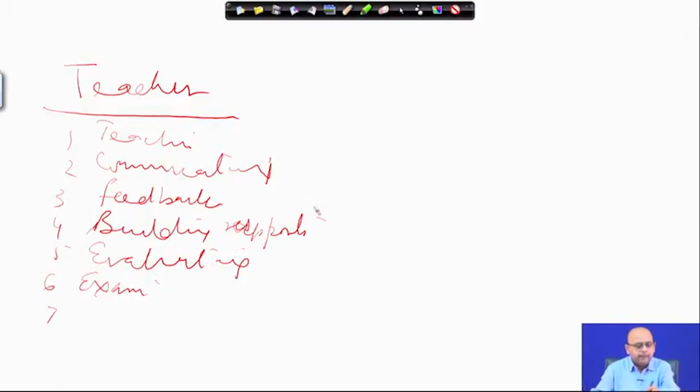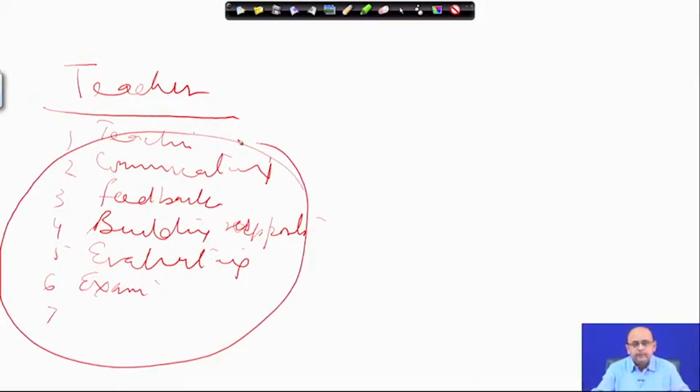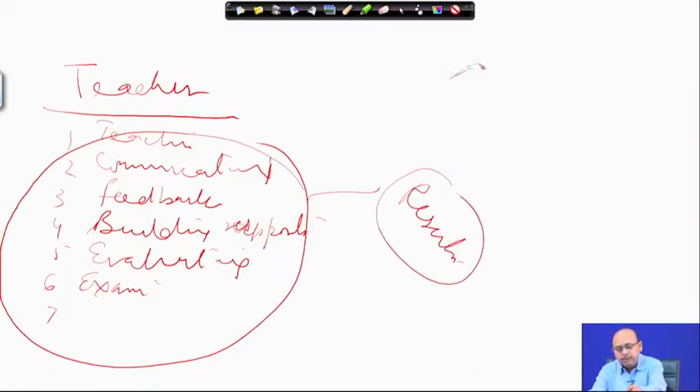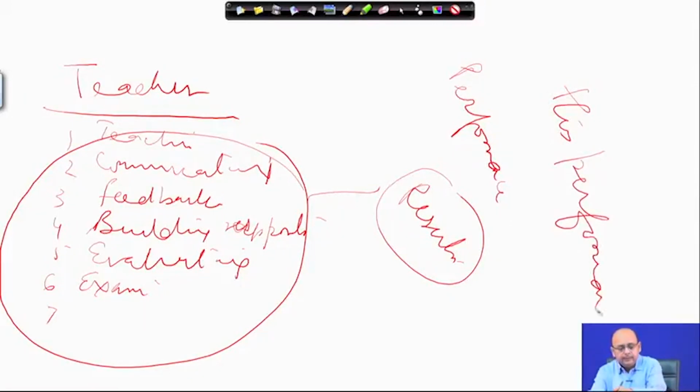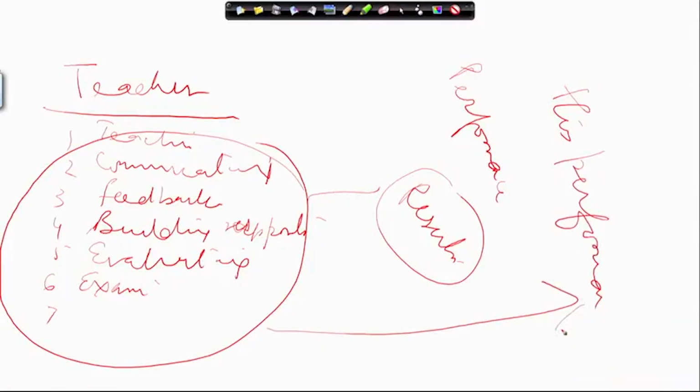So, all this is a part of the job he is doing to produce results, that is the performance of the students, that is one thing, and his performance also. So, the performance of the teacher depends upon what he does, right.